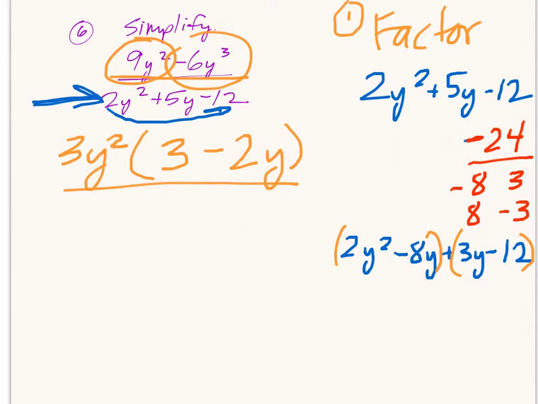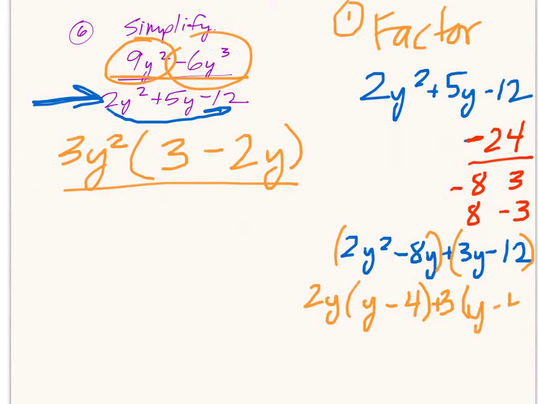I can divide 2y out of this first set. 2y. Y would be left over. Negative 8 divided by 2 would be negative 4. I can take a 3 out of the first set there. 3 is positive 3.